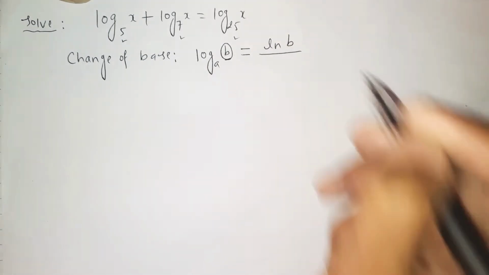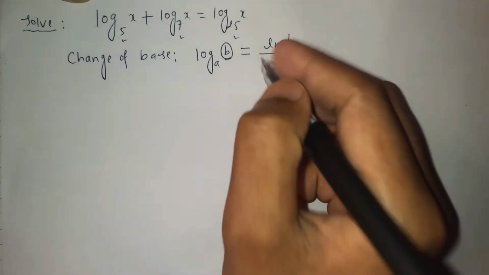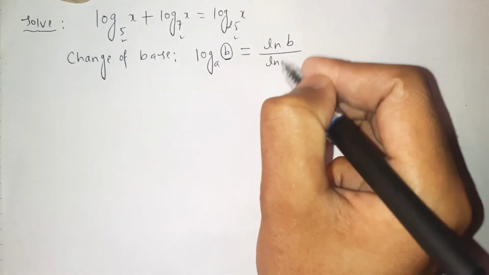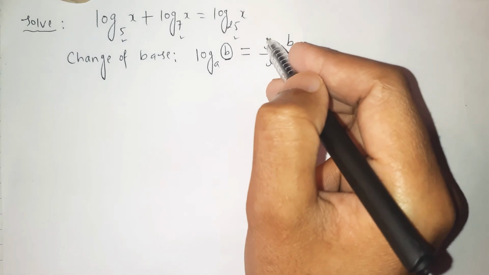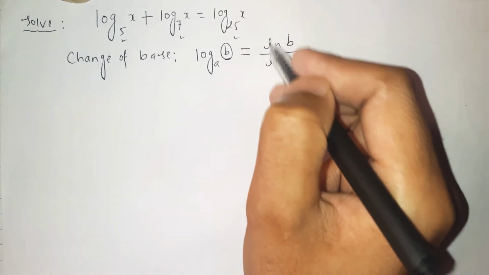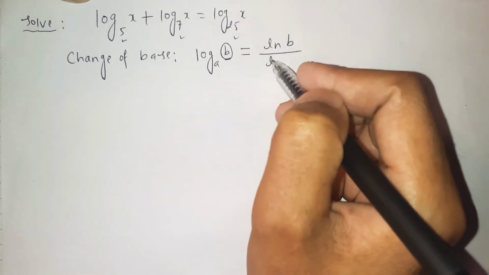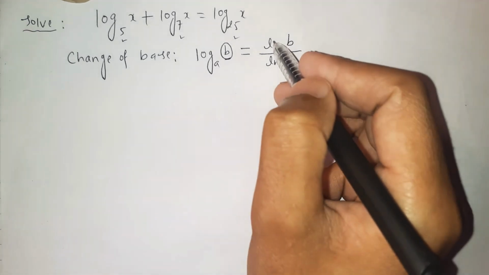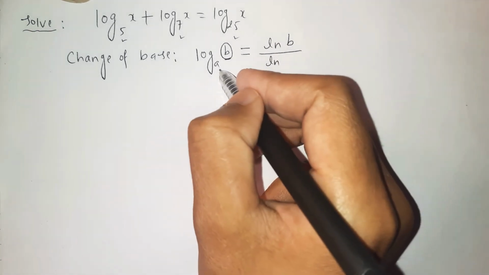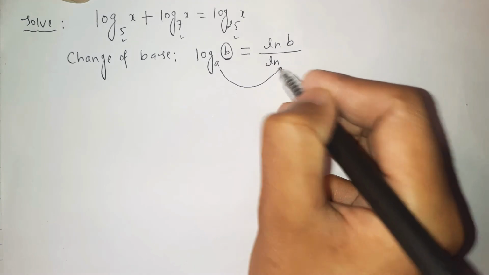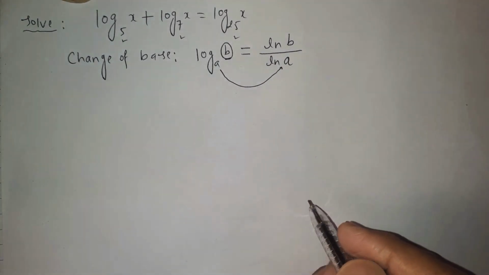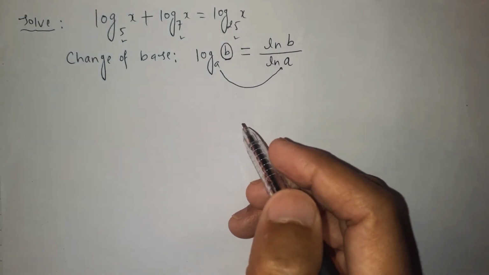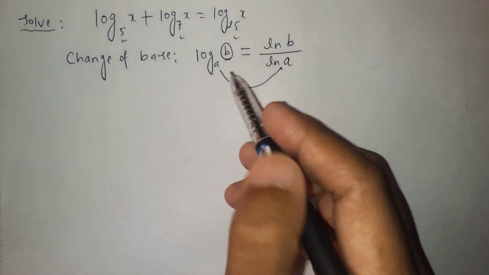This part is in the numerator, and in the denominator we have to take the same log as in the numerator. Here I am taking the natural log, so I have to take the same log in the denominator also: ln of this base number, the base number is a.